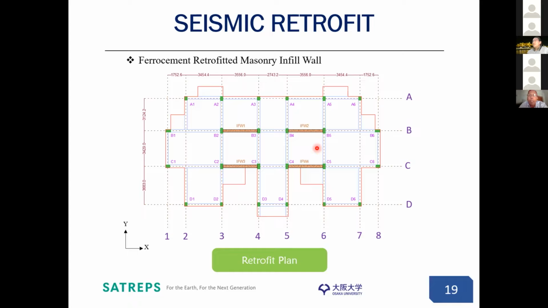And how many you need to select comes from a trial and error process, because you have to select one and get the capacity of one, and then you can determine how many you need to retrofit this building. So for this case, after doing the trial and error method, we found that 2 is enough to provide the required lateral load carrying capacity.